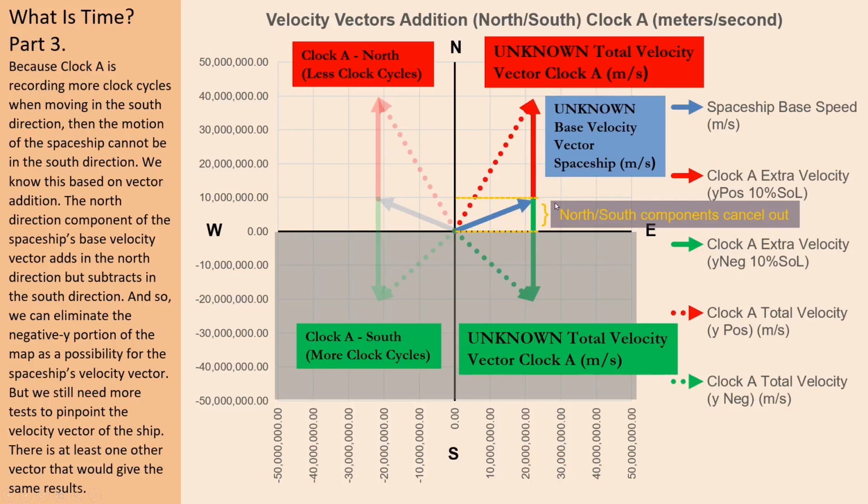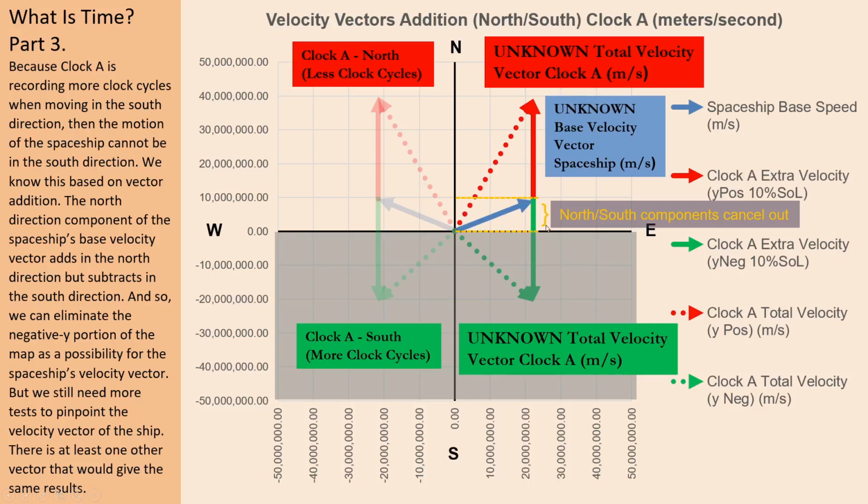And remember that in this set of experiments, we're only trying to determine the direction of the spaceship for the first part of our testing. And so we're trying to determine what this base velocity of the spaceship is, which direction the spaceship is moving. We don't know the magnitude and we don't know the direction, and right now we're just trying to find the direction. And what we do know, when we accelerate the clock in the north direction and the south direction, is that we're testing the north-south component of this spaceship velocity vector.